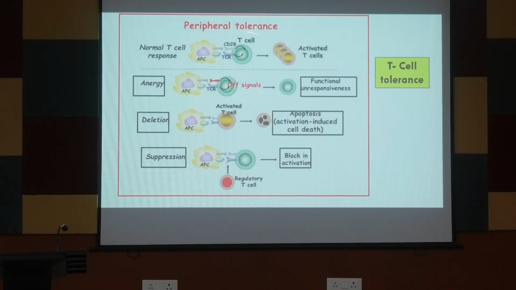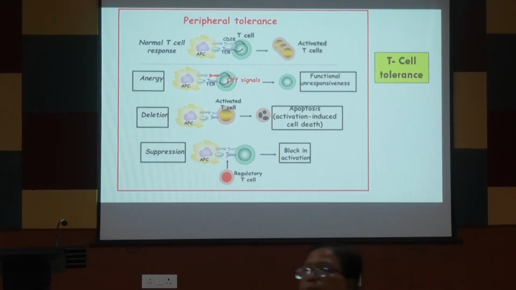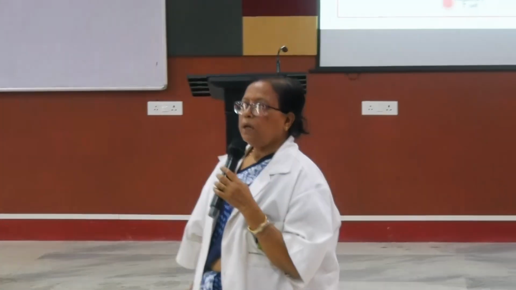Or if they are produced and active, they undergo blockage of their action, that is suppression. So these are the different methods. If they come out from the development pathway into the periphery, they are removed either by suppression, by anergy, or by blocking of their function. So they will not react normally.